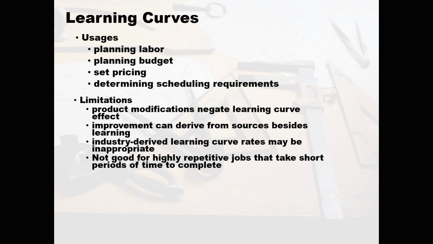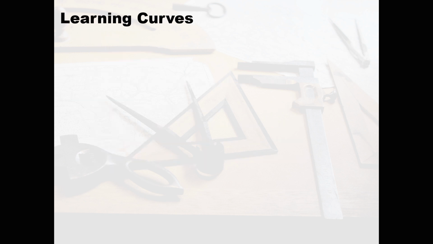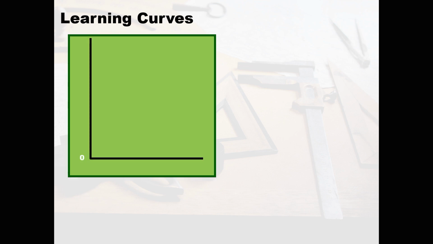So let's look at a learning curve. Let's look at the parts of a learning curve. Here we have a basic graph. Like most any graph, it has a vertical or y-axis and a horizontal or x-axis. On our vertical axis is the processing time per unit.